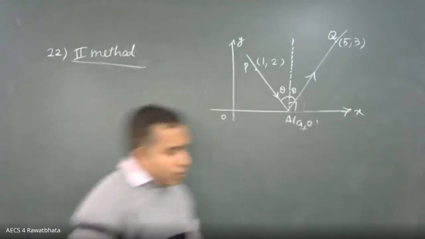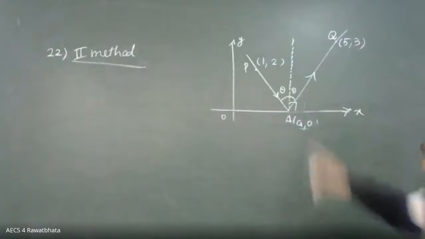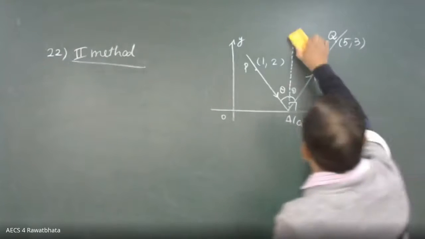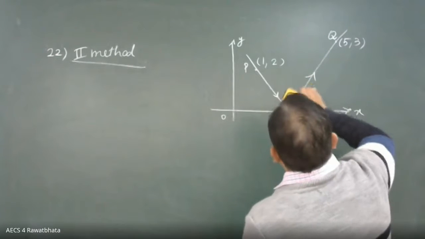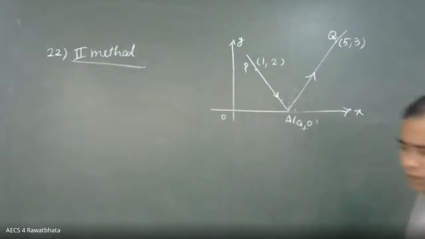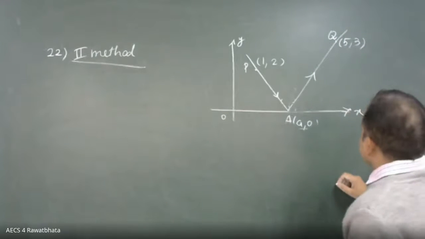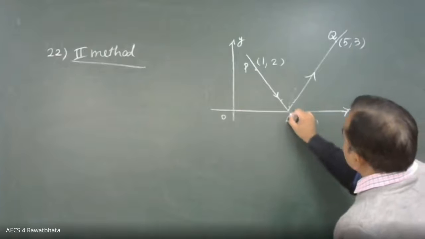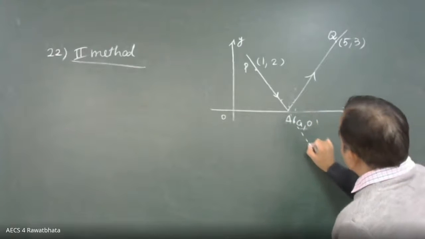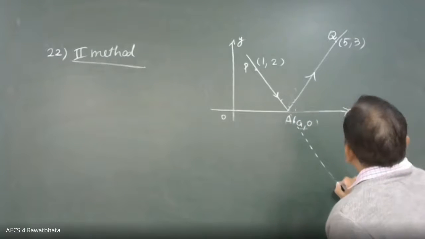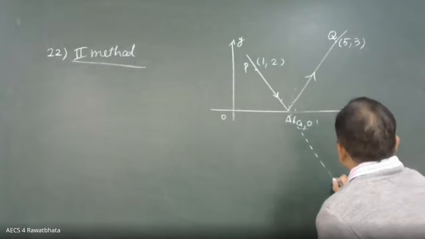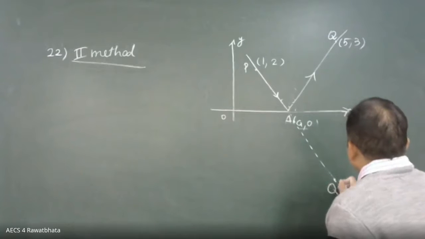Let us do one thing. Let us assume its reflection, taking the x-axis as mirror. So its image you'll get like this, exactly below Q, you'll get Q dash.